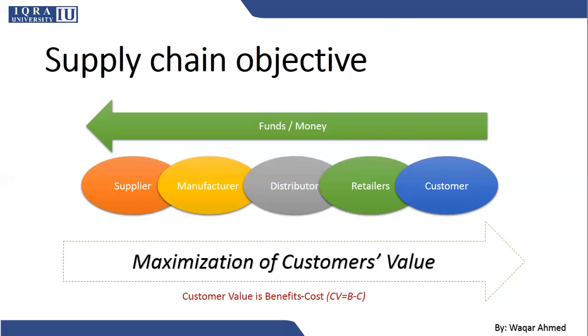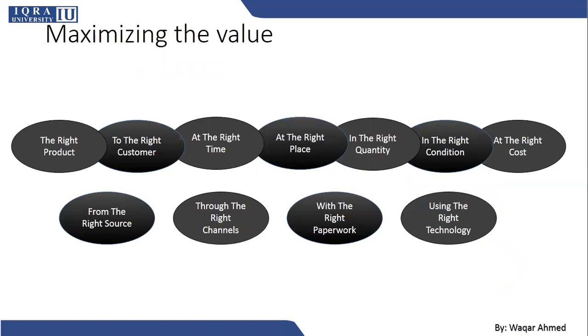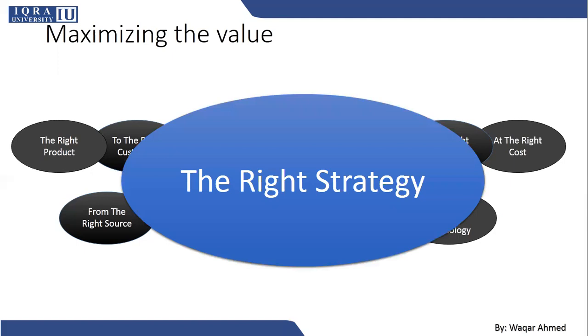It means a good supply chain has to deliver the right product to the right customer at the right time, at the right place, in the right quantity, in the right condition, at the right cost, from the right source, through the right channels, with the right paperwork, using the right technology, and the list goes on. In short, we need to develop the right supply chain strategy to maximize value for our customer.